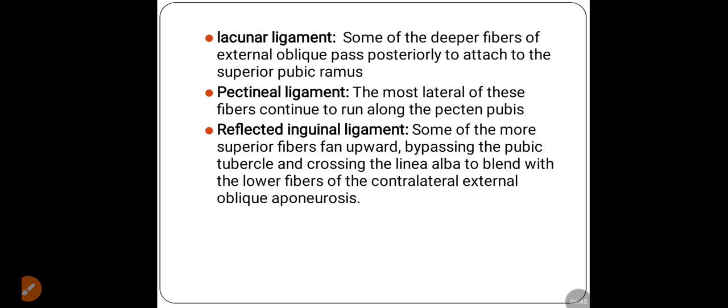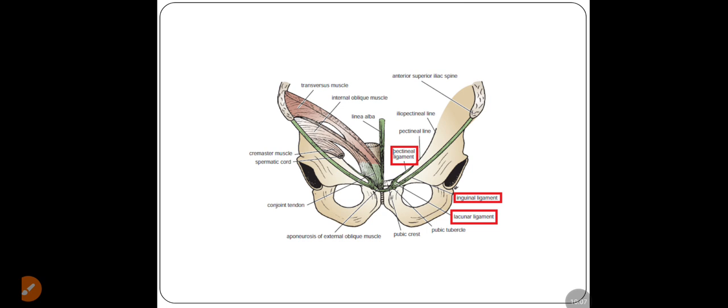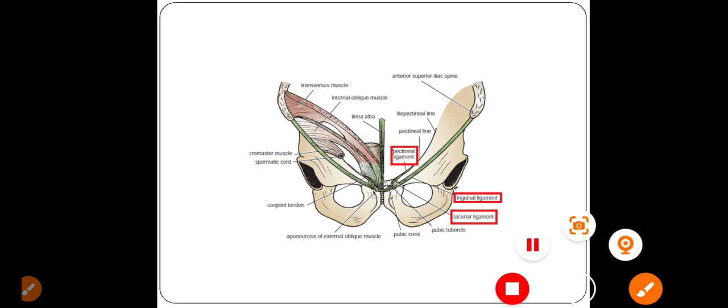Also, from the external oblique muscle, there are fibers which run backwards to attach to the superior pubic ramus. Here it forms ligaments known as lacunar ligaments.